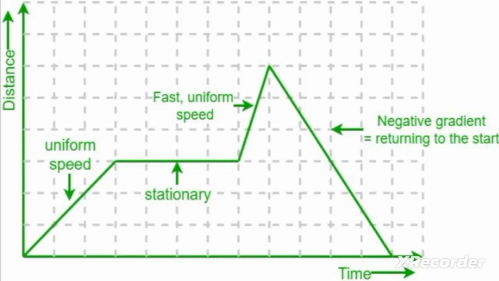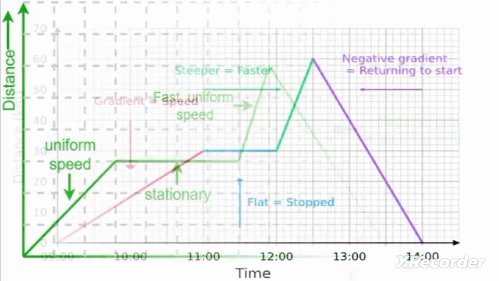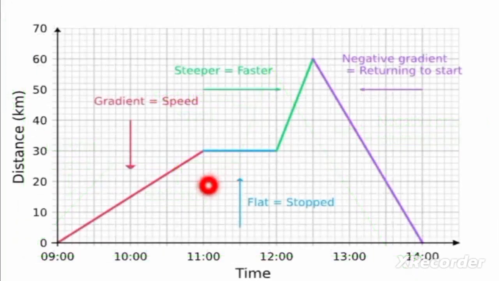Okay, so we need to understand that the slope represents uniform speed. Let me use this one so that we can understand better. The gradient represents the uniform speed.